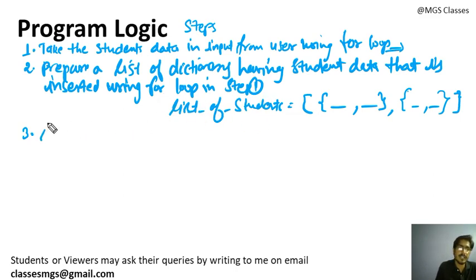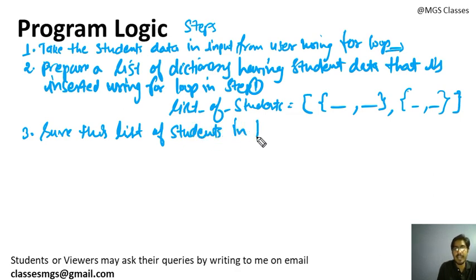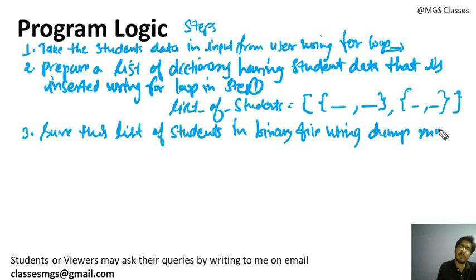Save this list of students in binary file using dump method. I have shown you how to use the dump method. So you will open the file in write binary mode.